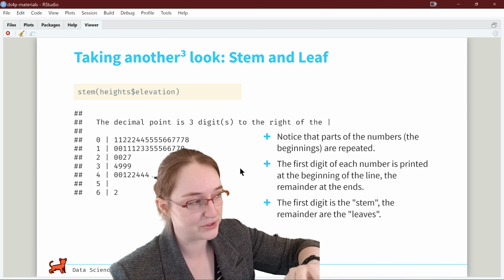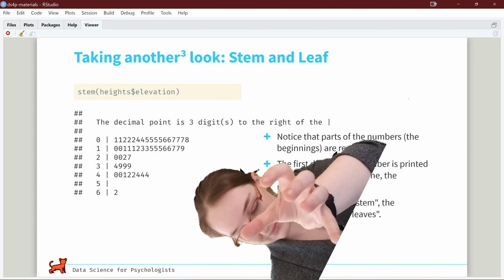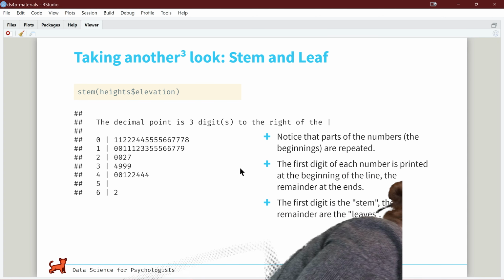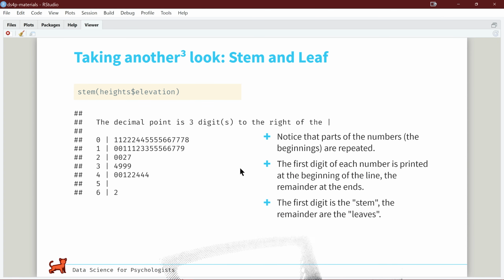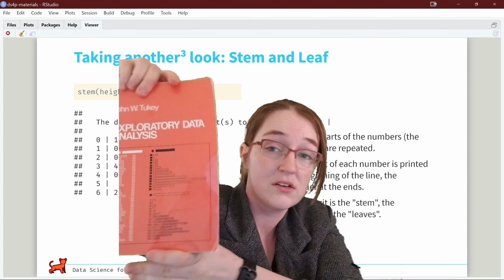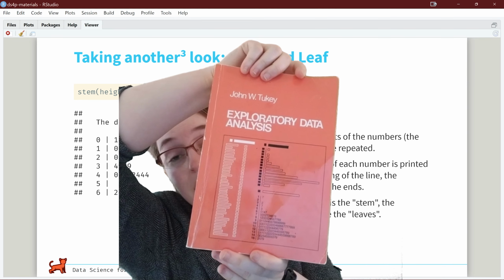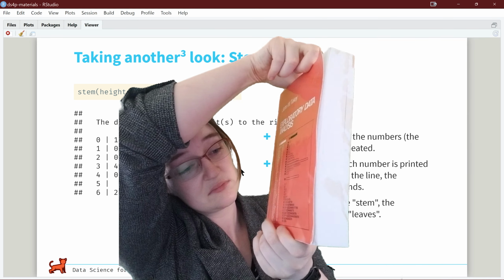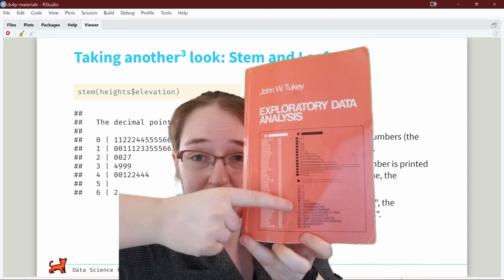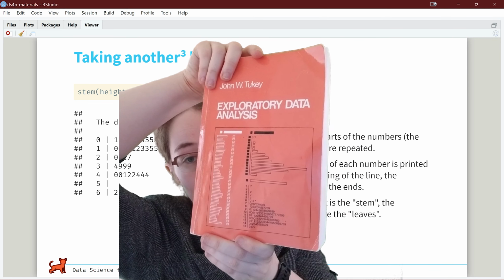One trick, and we'll see if I video edit it to do this, is to tilt it on its side. Alright, so in the orange book, in my edition, we got our stem and leaf plot right down here, and it's on its side, just like the one we've got.